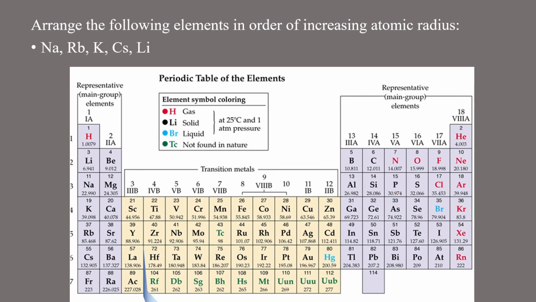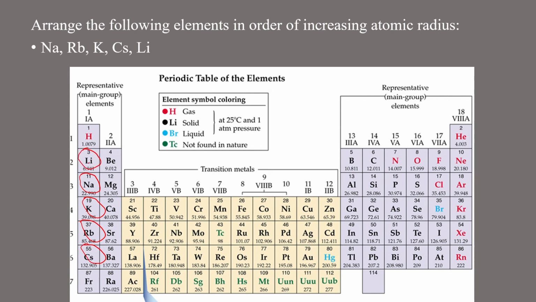Okay, let's do another practice. You guys can pause the video and do it yourself, and after that play and check your answer. So let's find where these elements are in the periodic table. We have sodium here, we have rubidium, potassium, cesium, and lithium.